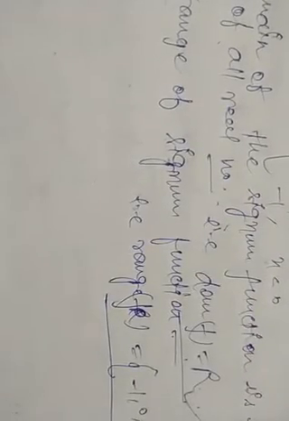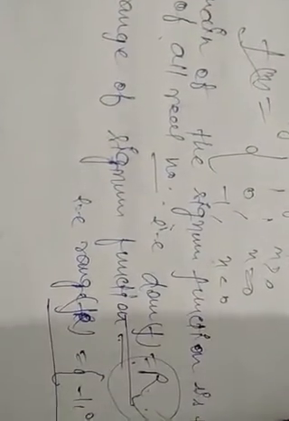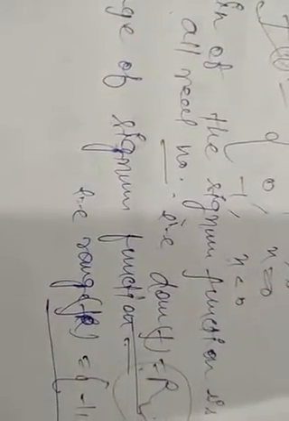This is the range of the signum function. This function is called the signum function. And two important things are the domain and the range of the signum function: the domain is the set of all real values, and the range is -1, 0 and 1.